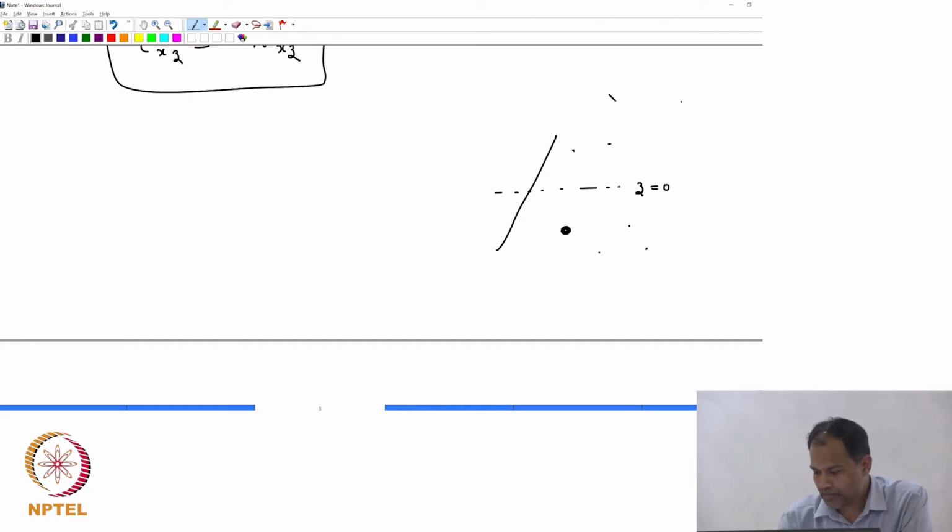Let us say some of these molecules are going up, and let us call J the flux of molecules crossing a plane at Z equal to 0. And we do know that the flux of molecules crossing downward would also be equal to J, correct.